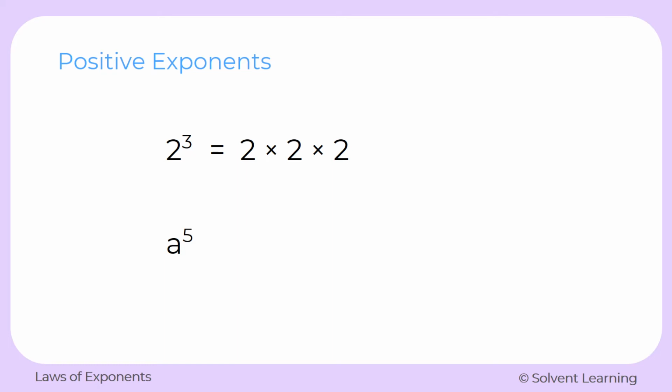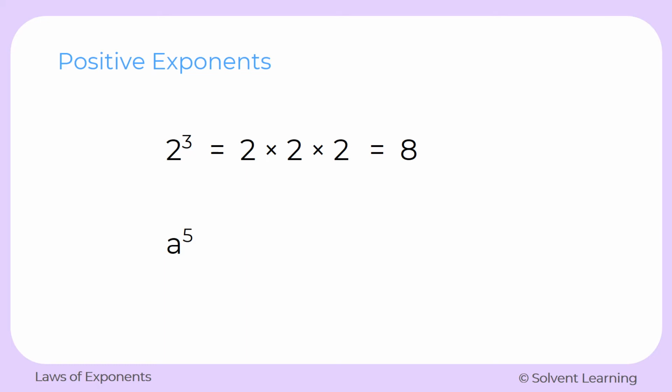So in this case, we have 3 2's being multiplied. And we could simplify this even more by actually performing the multiplication. So we have 2 times 2, which would give us 4, and then multiply that by the last 2, which would give us 8. So simplifying 2 cubed gives us 8.